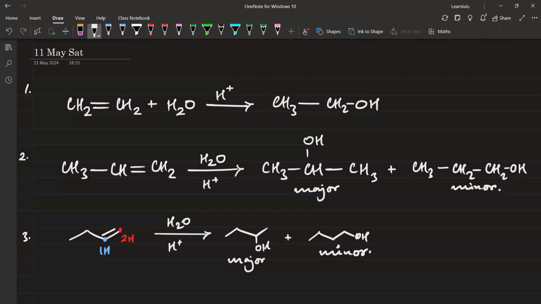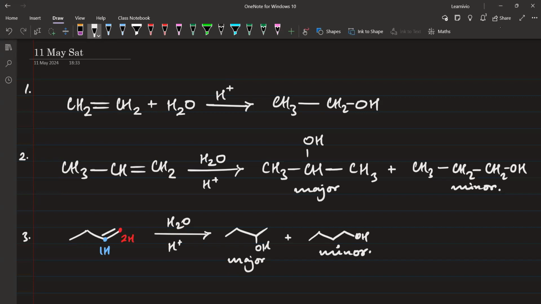Sir, in the first one, H2O and H plus are there, but even in the second one, it's there, right? So what's the difference? I don't understand your question. Sir, in the first one, we add H2O to the reactant in the presence of hydrogen, but in the second one also, we have both water and hydrogen. What's the difference between both the reactions?